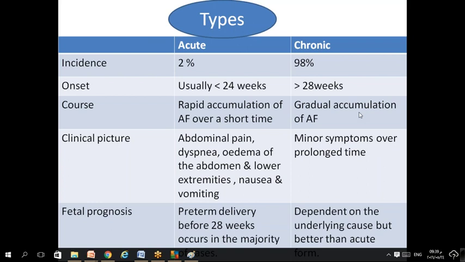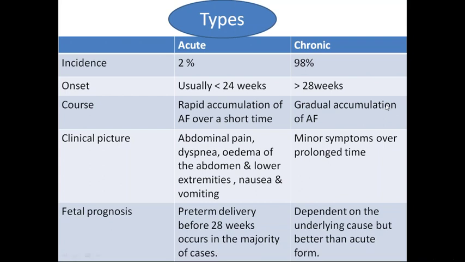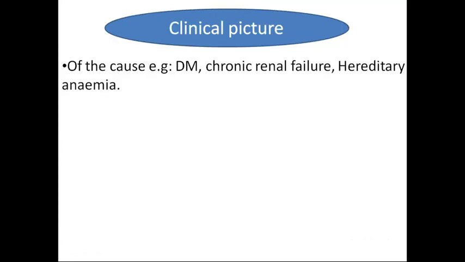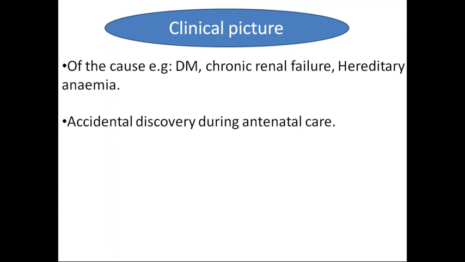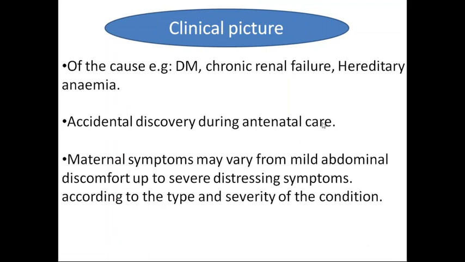The chronic type is more common, and it can also cause symptoms, but it can take some time to present with symptoms. The clinical picture depends on the cause. Usually it can be an accidental discovery, or you will find maternal symptoms like abdominal enlargement and pressure symptoms, or it can be found at follow-up.